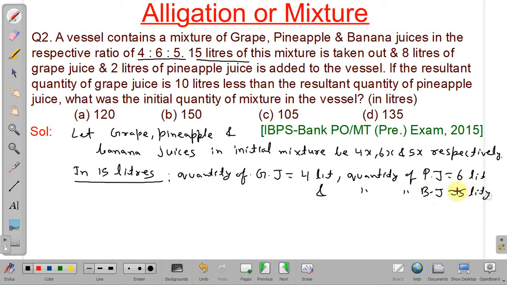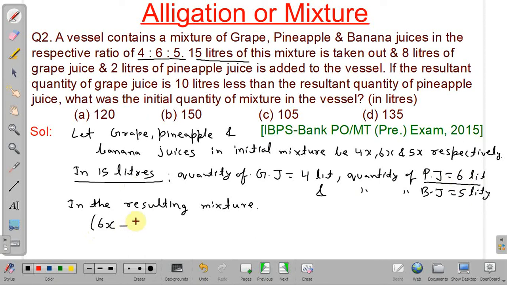Okay, now in the resulting mixture, see, the difference between quantity of pineapple juice and quantity of grape juice is 10 liters. So what will be the quantity of pineapple juice? See, initial quantity of pineapple was 6x, and when 15 liters were taken out, in that 15 liters the pineapple juice was 6 liters.